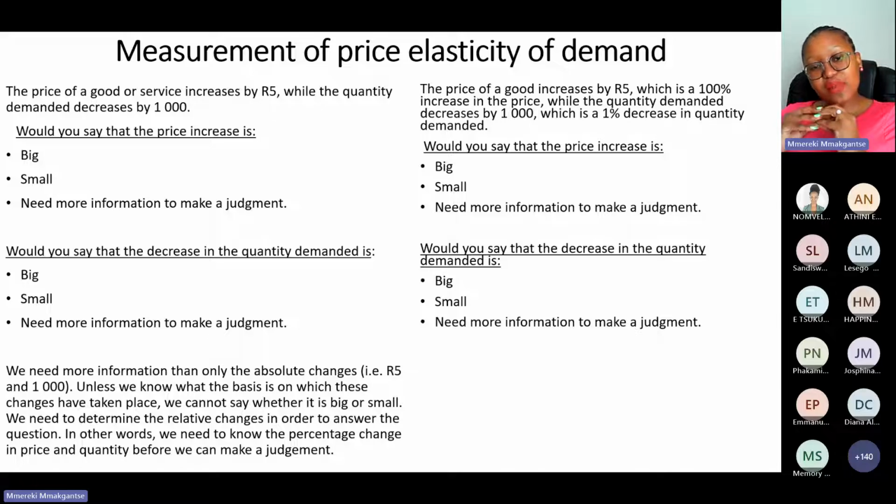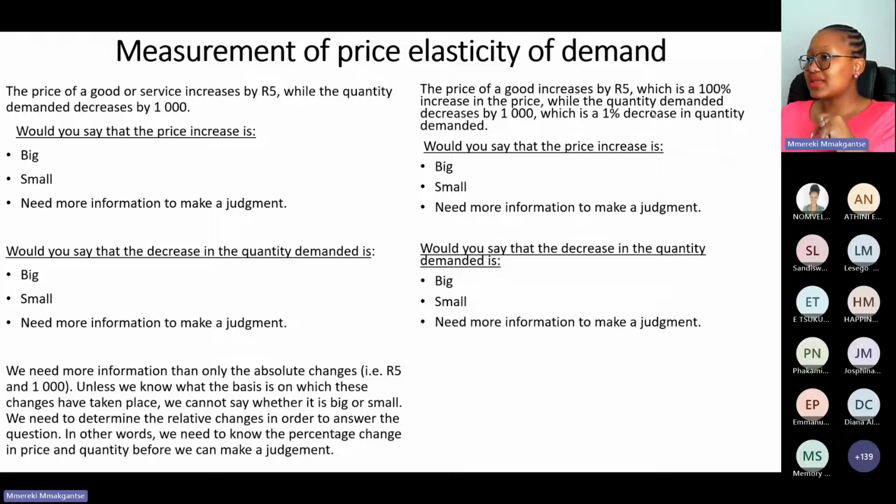The concept of price elasticity of demand is that we want to see by how much the quantity demanded will change if price were to change. So this also states that we need to know the percentage change in price and quantity before you can make a judgment.